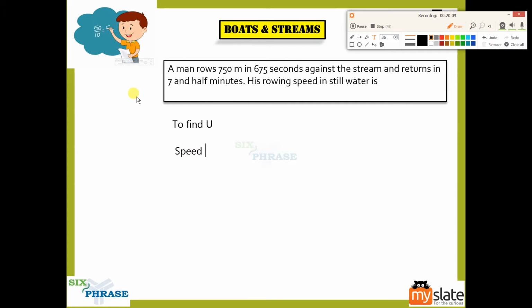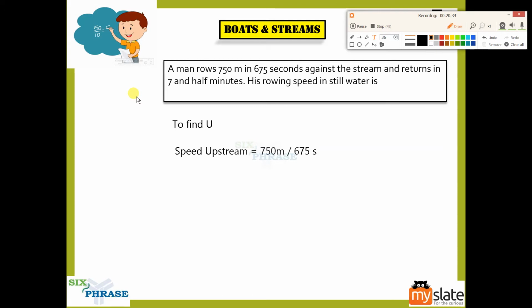So speed upstream is equal to 750 meters in 675 seconds, right? Speed is distance by time. So the distance is 750 meters by time, 675 seconds. So you can see this is given, but we'll do some modification later.